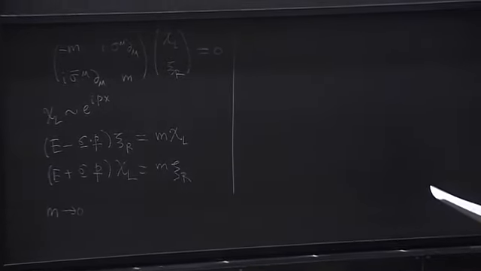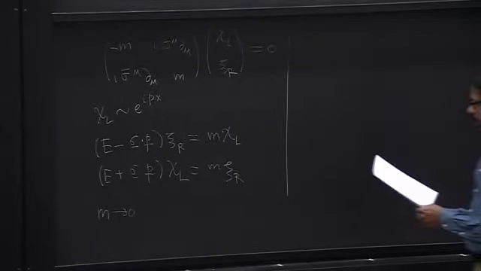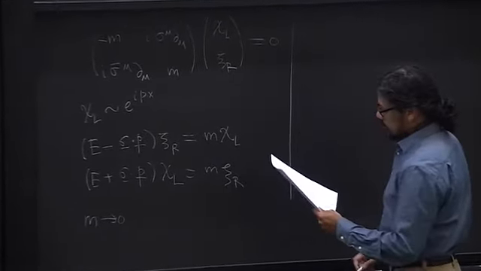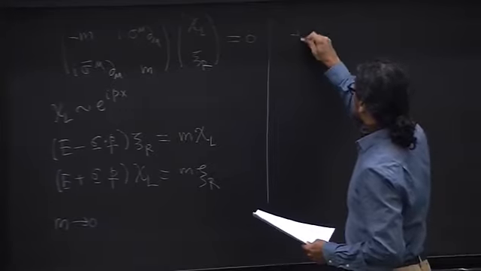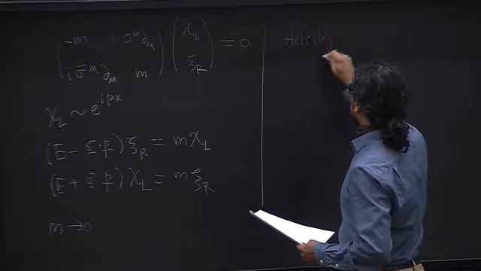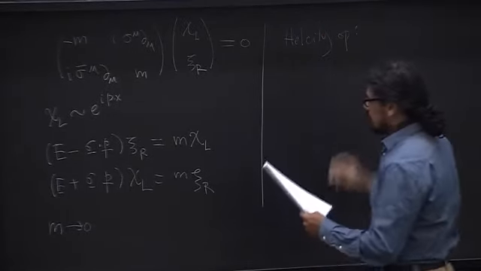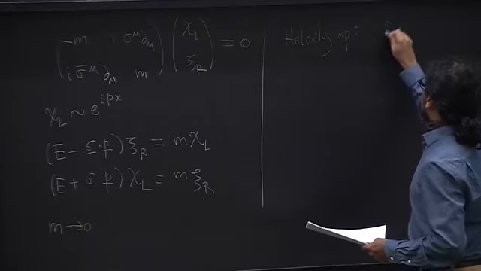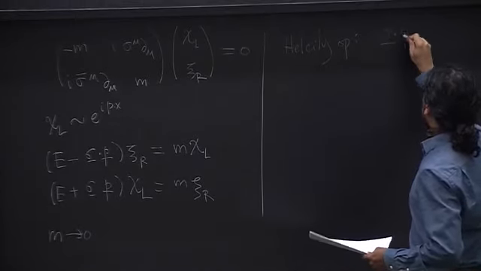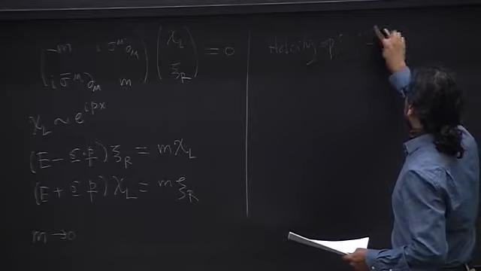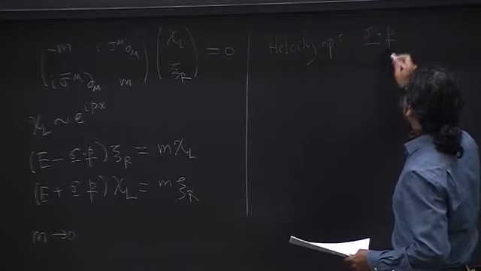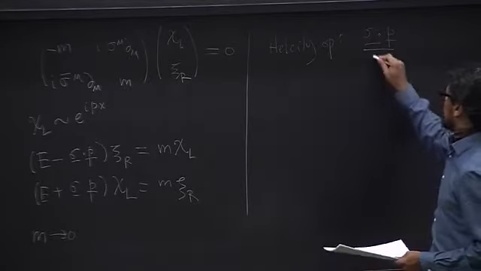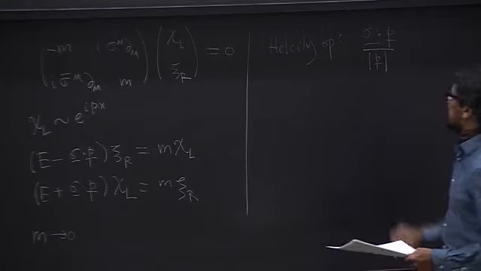There's an operator in quantum mechanics known as the helicity operator. The helicity operator is just the projection of the spin of a particle along its three momentum. So this is the helicity operator.